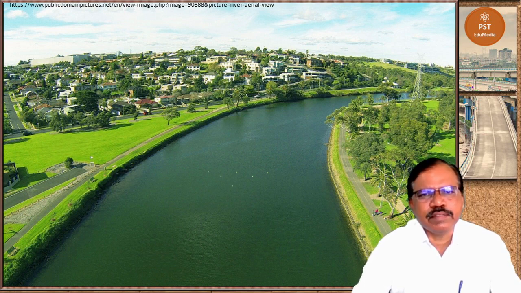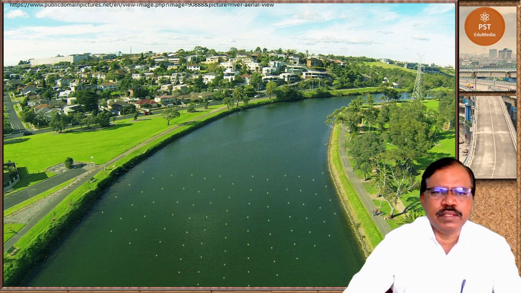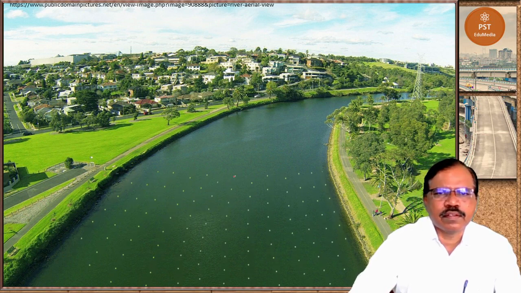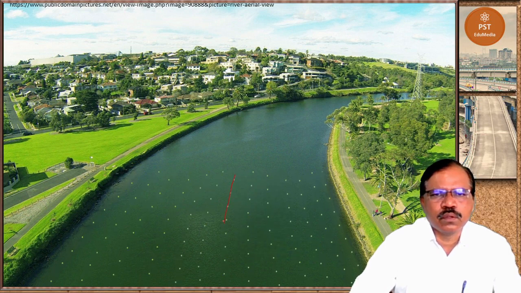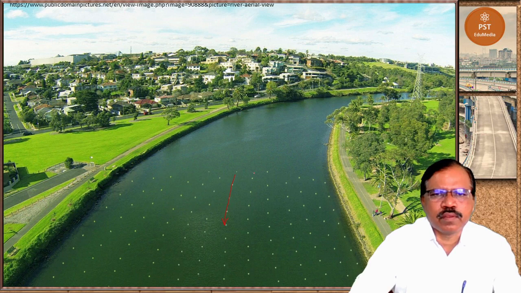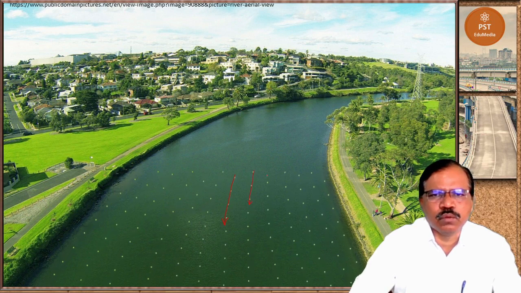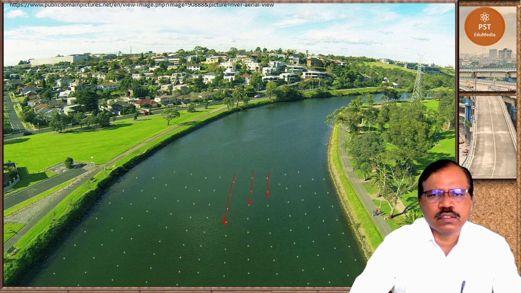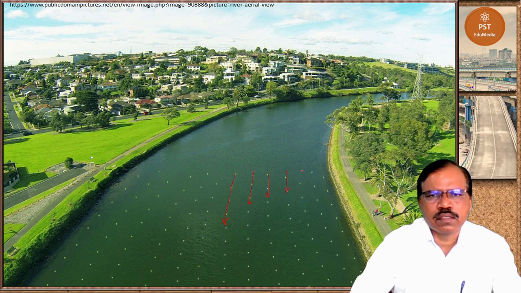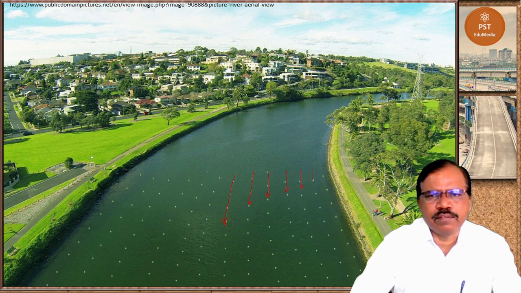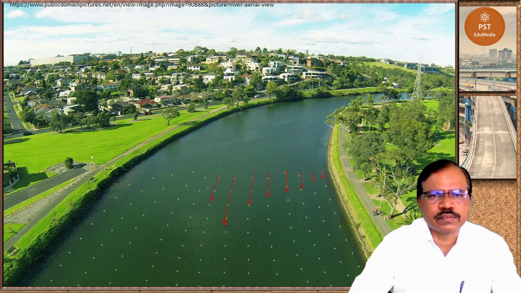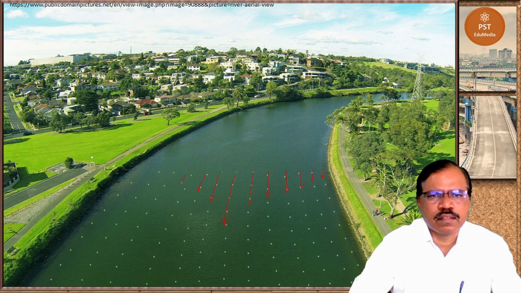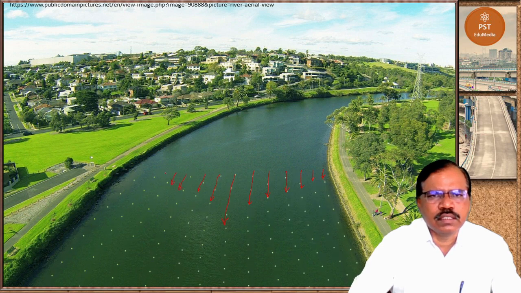Now we will observe here. If we see carefully here at the center, velocity will be more, and as we go towards the bank of the river, velocity goes on decreasing.